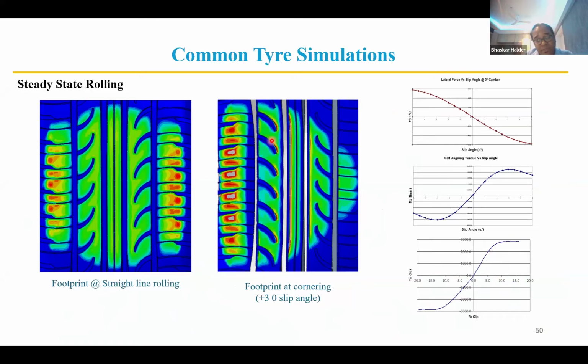Now, sometimes while cornering, a tire that performs very well on a straight road suddenly loses grip. Grip is very important when we are driving a car at very high speed, because if I lose my grip at that moment, the vehicle can overturn, and we can get a fatal accident.